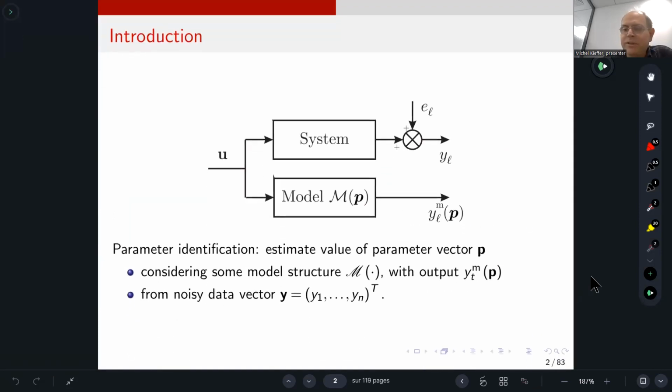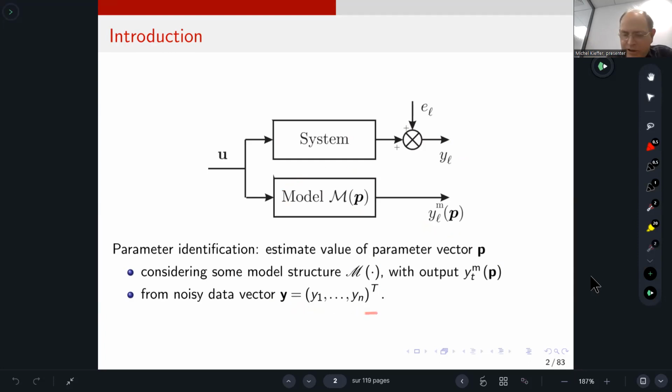What we consider is a classical setup where we have a system on which we are measuring some data, and what we are trying to do is to represent the behavior of the system using a model, whose parameter vector is P, and the output is Y at time t. Our aim is to perform this estimation considering this noisy data.